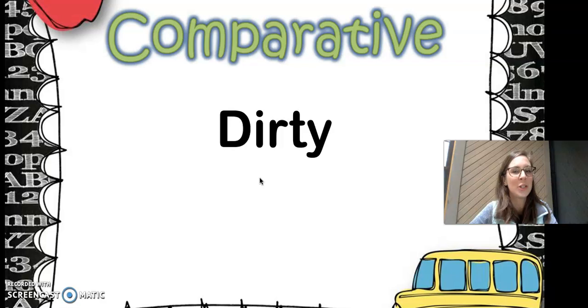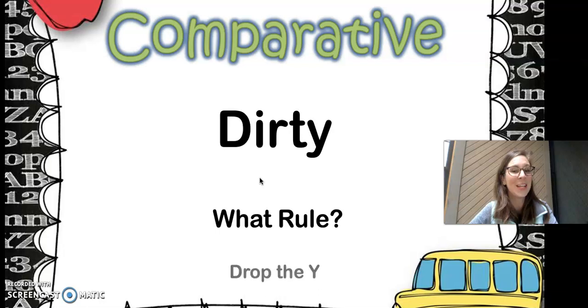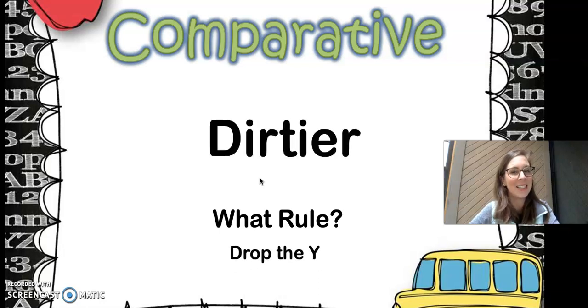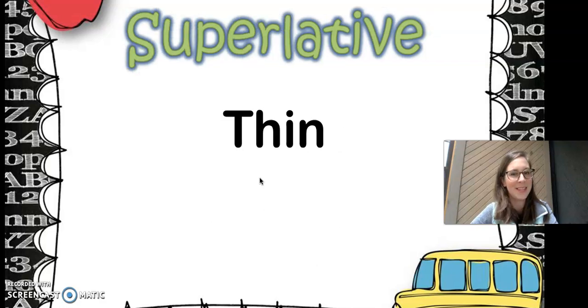Okay, how about this one? Dirty. If you're saying that something is more dirty, that word is dirtier. Since our base word ends with a Y, what's our rule? What do we need to do? Drop the Y and change it to an I, dirtier. How about another one? Thin. If we want to say that something's the most thin, we don't say most thin, we use our EST ending, so thinnest.